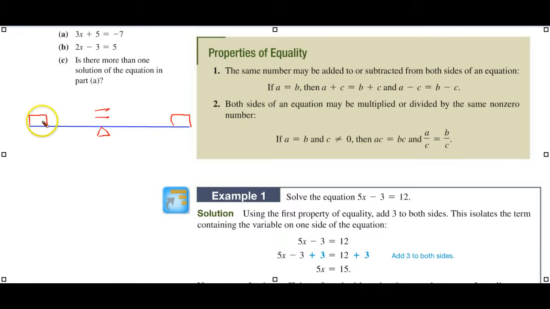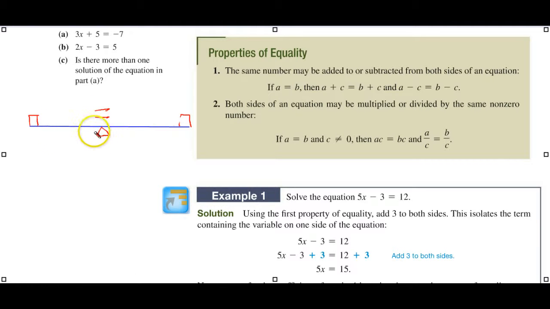Now, if I take away something from this side, and the same amount, may not be getting exactly the same amount, but in theory it's the same amount.